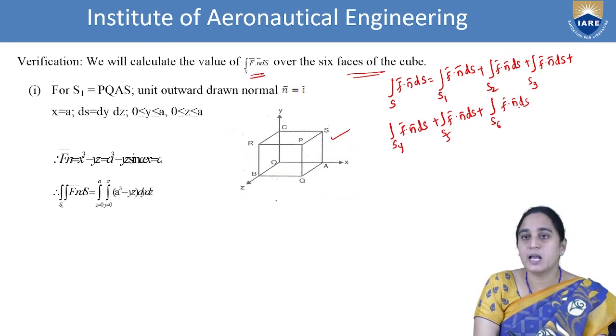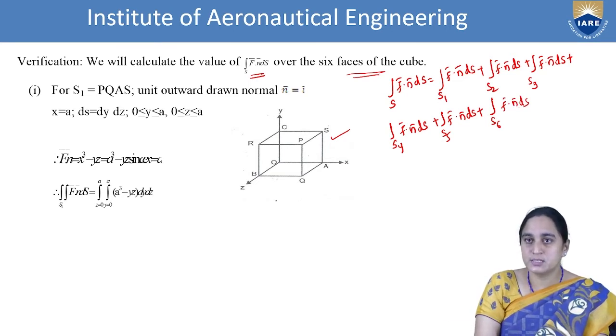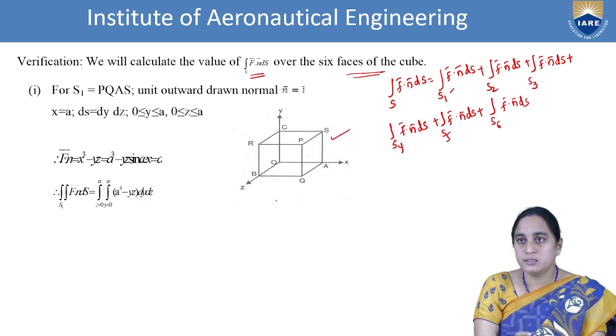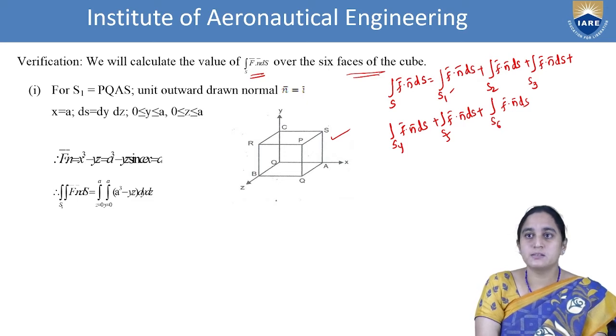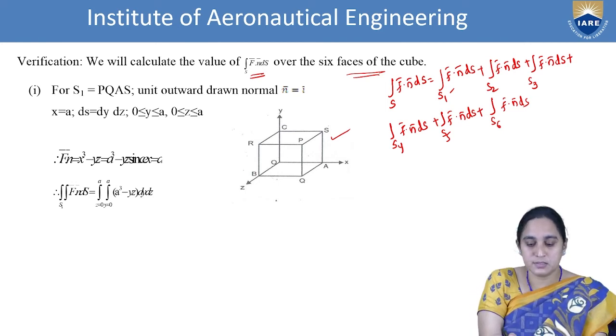That means we have to calculate the surface integral on the cube over the 6 faces: the first face S1, the second face S2, the third face S3, the fourth face S4, and S5 and S6. Those are the 6 faces of the cube.